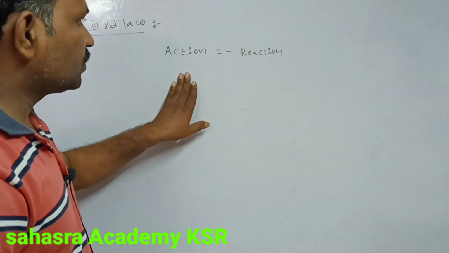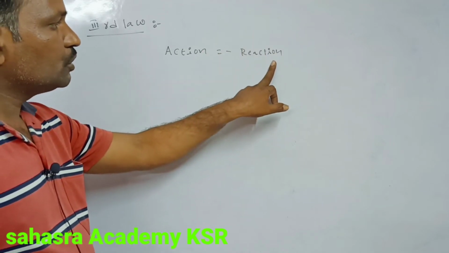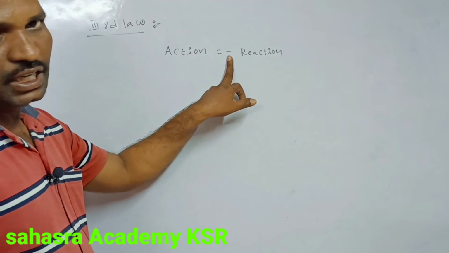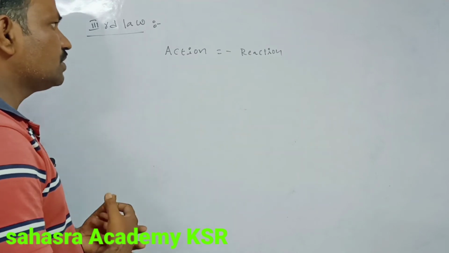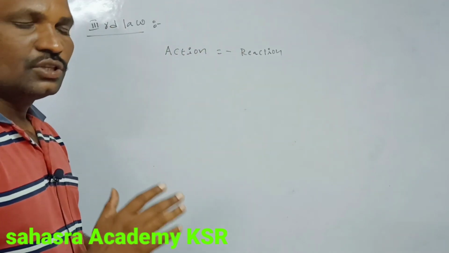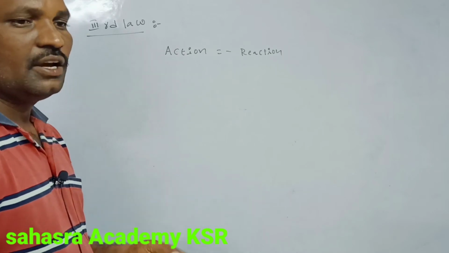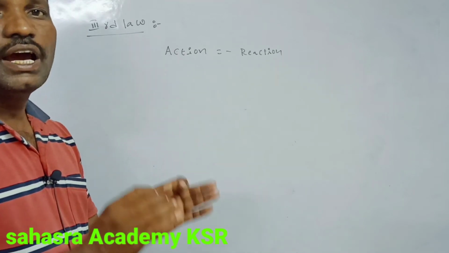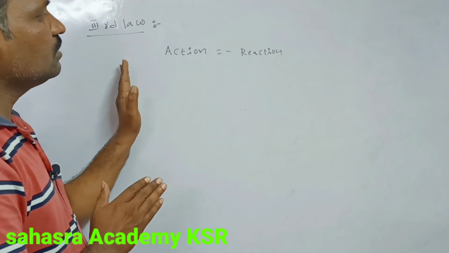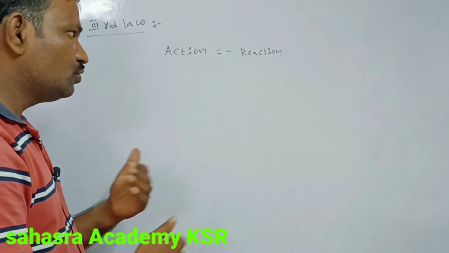Newton's third law states that for every action there is an equal and opposite reaction. Here minus represents opposite direction. Okay, for every action there is equal and opposite reaction. In your textbook Newton's third law definition may be different, but the exact and simply meaningful definition is: for every action there is equal and opposite reaction. That is Newton's third law.